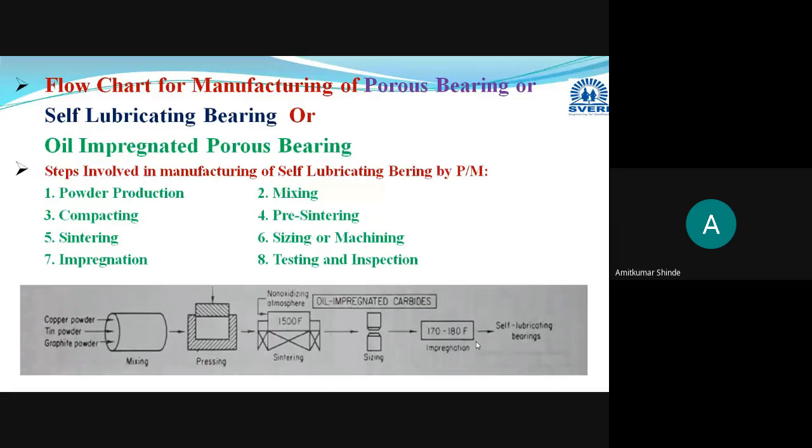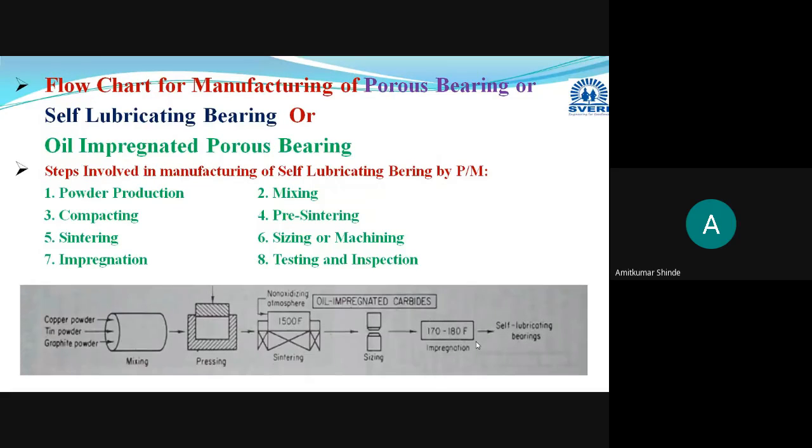It will provide high oil retaining capacity, but load carrying capacity is less. That's why these bearings are suitable for applications with high speed and low load conditions. Okay, this is the first part.